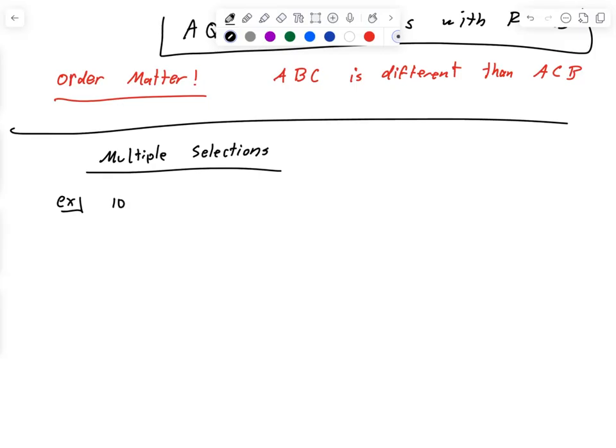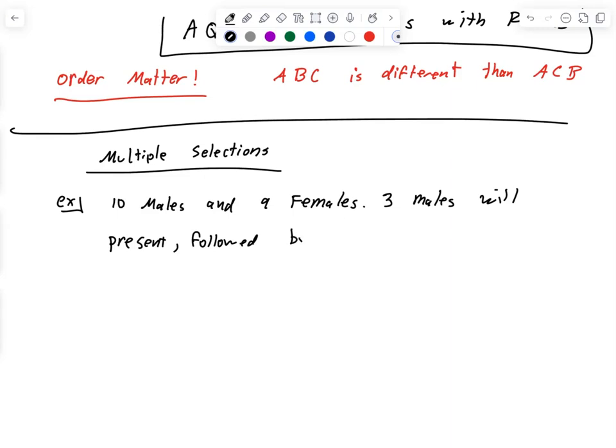We have 10 males and 9 females. 3 males will present, followed by 2 females.